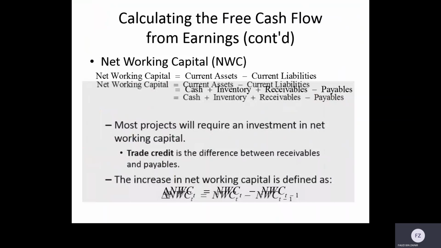Here you would like to see the changes in net working capital, which is the current net working capital minus the net working capital in the previous year. We are not going to use the absolute figure because cash, inventory and receivables are used every year.